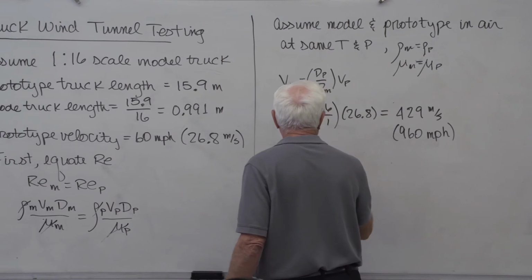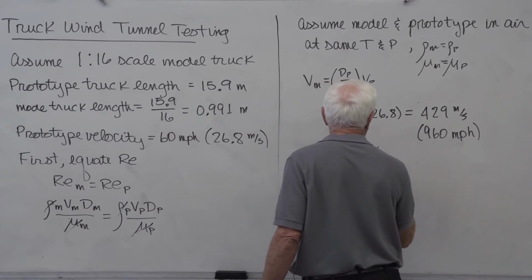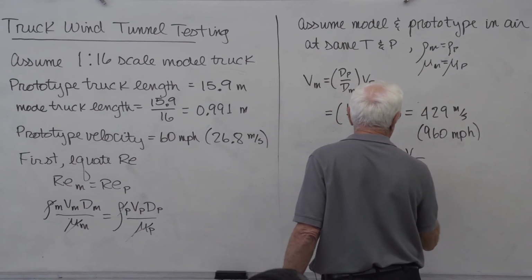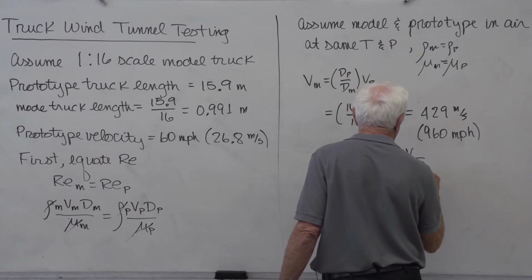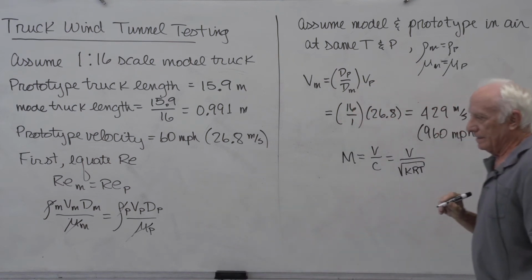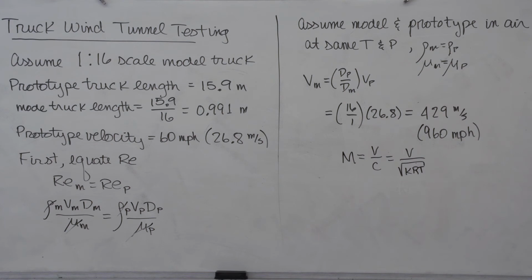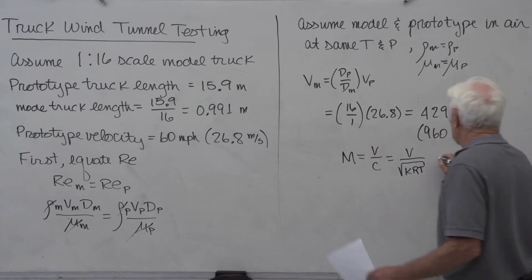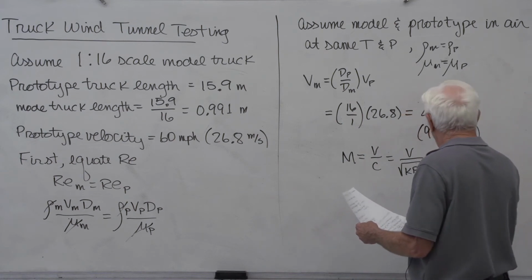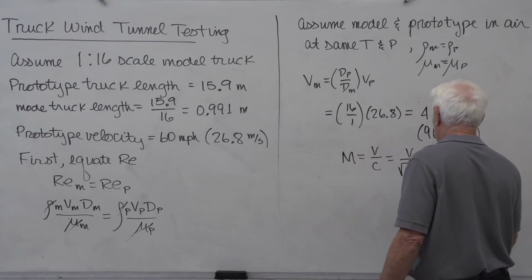The Mach number, V over C, air, 1.4 for k, R for air, back of the book, temperature of air, absolute. Mach number, 1.24. Supersonic.